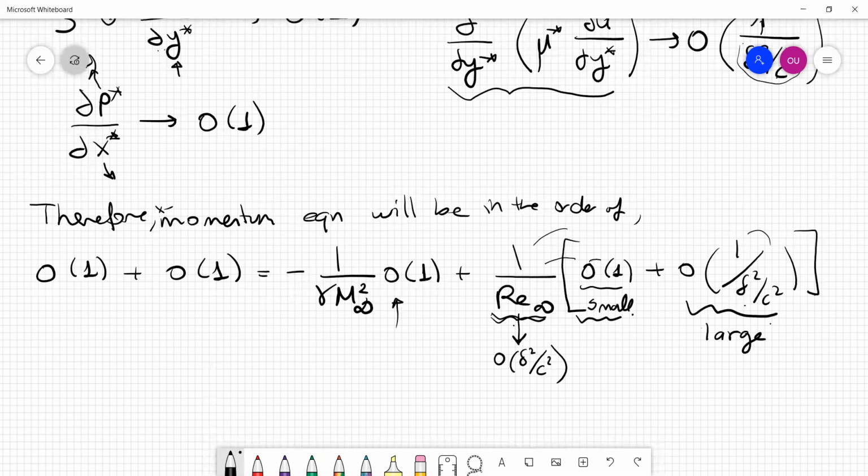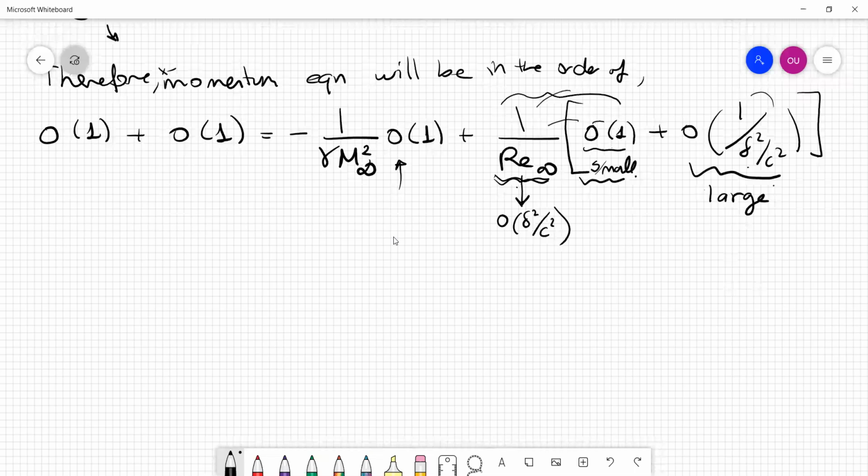Which means that in our equation, I can basically neglect the first term here, because I'm multiplying an order of 1 term with a very small number. So this will become a very small number compared to the other terms in the equation. So I can basically neglect this term from the equation. So one level of simplification comes in here.